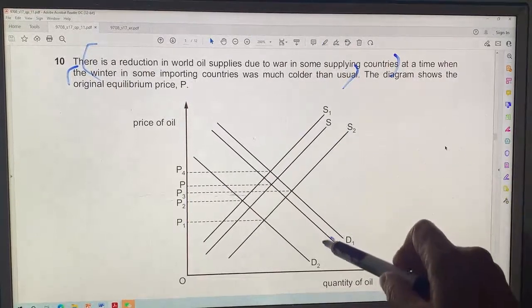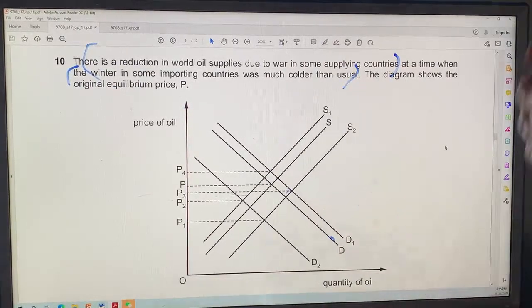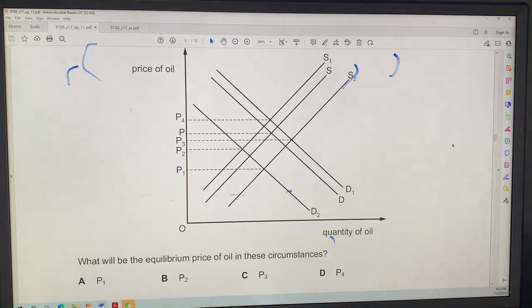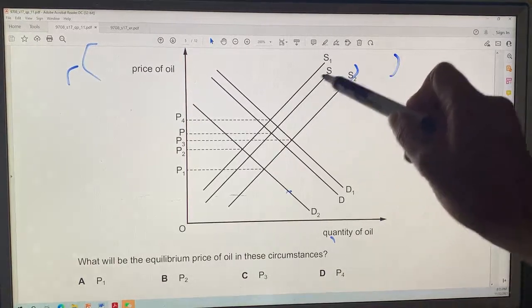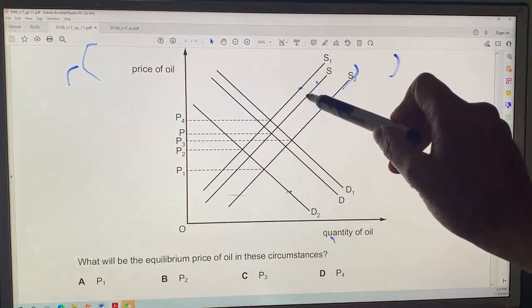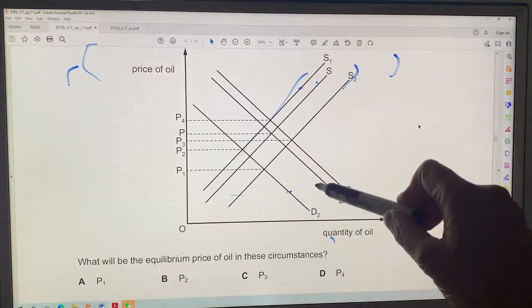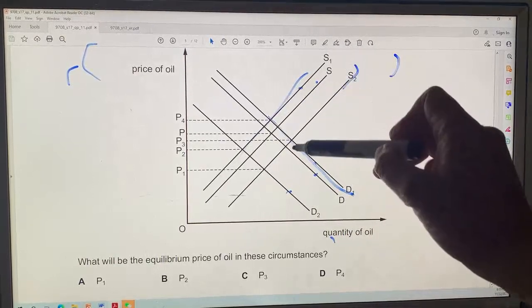Let's see. Demand goes to an increase in demand. And the answers are down here. Okay. Let's see. Supply will go from S to S1, maybe, and demand increases to D1.